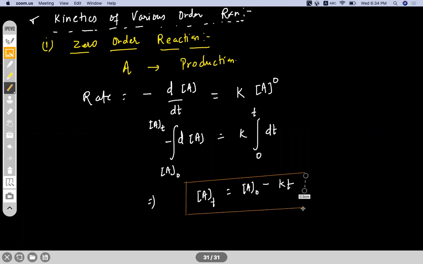So this is the relation of concentration and time for a zero order reaction.